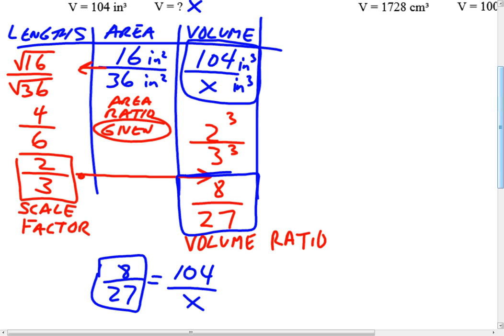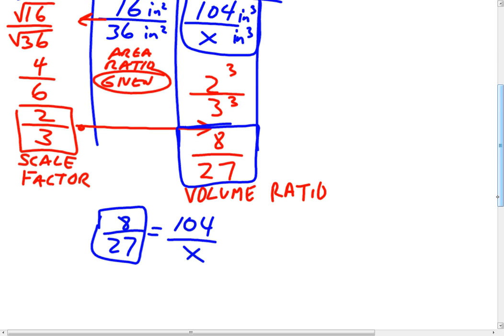I know it's going to reduce to 8 over 27. And I know one volume is this. The other volume has to be in the same ratio. Solve your proportion. Cross multiply. Figure out x.